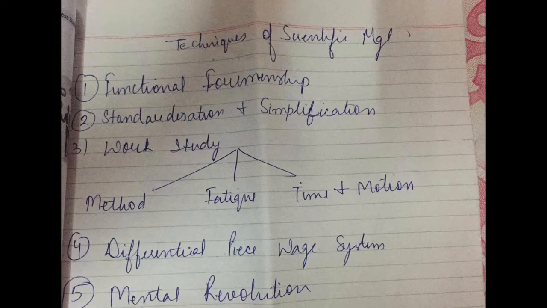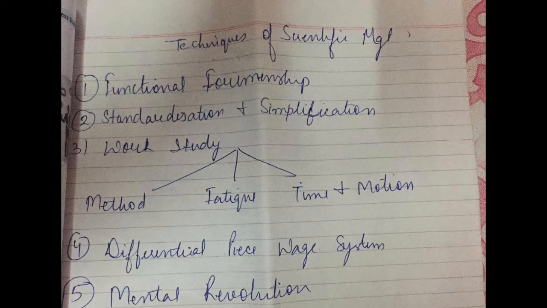For example, suppose 2 destinations are there, that is A point and B point, and the person has to take the bricks from point A to point B, and in between 1 meter distance is there, and a person stops for 3 times while covering that particular distance. In that point, only 1 motion is required to take rest, but that person is taking 3 motions, which is basically the wastage.